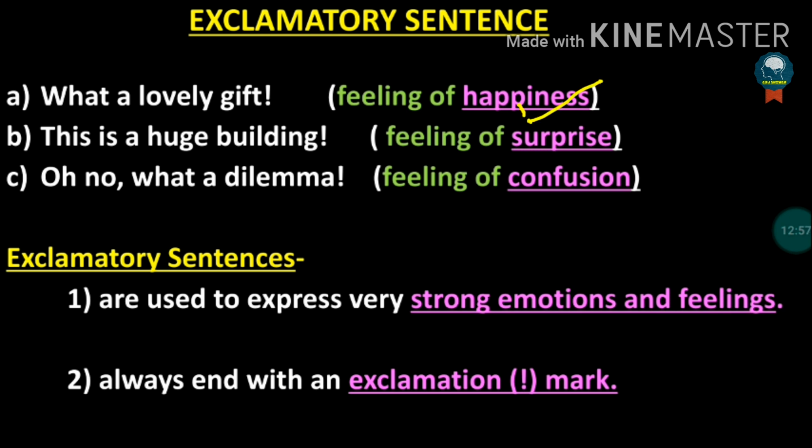Here we are expressing the feeling of happiness after seeing the lovely gift. Number B, this is a huge building. In this example, we are expressing the feeling of surprise after seeing a huge building. And number C, oh no, what a dilemma. In this example, we are expressing the feeling of confusion after not being able to decide what to do and what not to do.